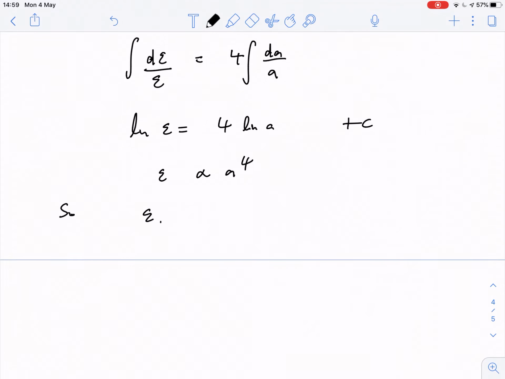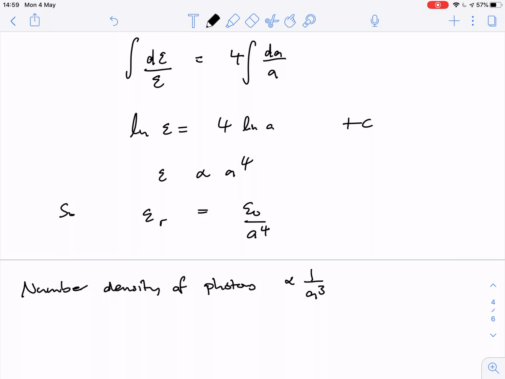So ε from radiation equals some energy density that I measure today over a to the 4. And this also makes sense when you think about it, because the number density of photons, i.e. the number of photons per unit volume, is proportional to 1 over a cubed. If I take some gas and double the size of the cube it sits in, then the number density of particles goes down by a factor of 8. It's exactly the same as matter, but plus the redshift effect.